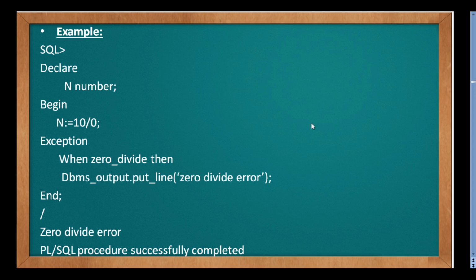When you execute this program, it displays zero divide error, and PL/SQL procedure successfully completed. So what is the concept behind this? Even though the runtime error occurs, the program executes successfully. If you want the program to execute successfully, you need to handle those runtime errors in the exception block.